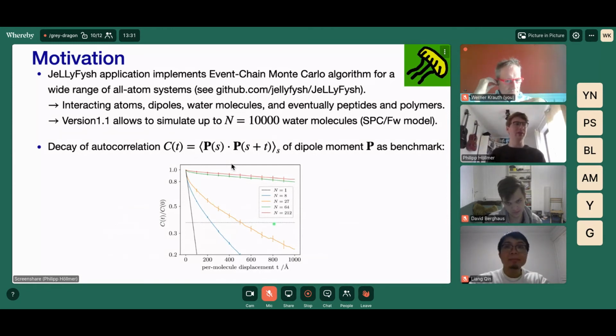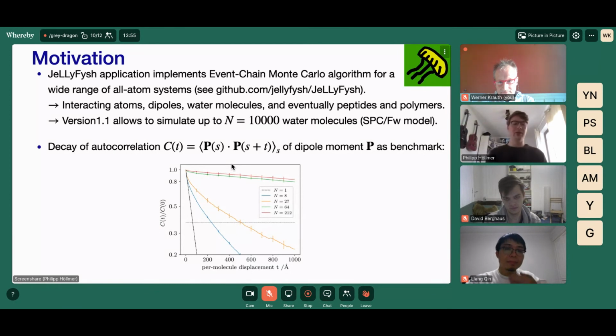It's not exponential anymore as for one water molecule, but we have a very fast initial decay in this small region, and then it goes off on a very long decorrelation time. This gets more severe as we increase the number of water molecules. And these 2 timescales lead overall to only a very slow decorrelation of the dipole moment, already in this very small system.